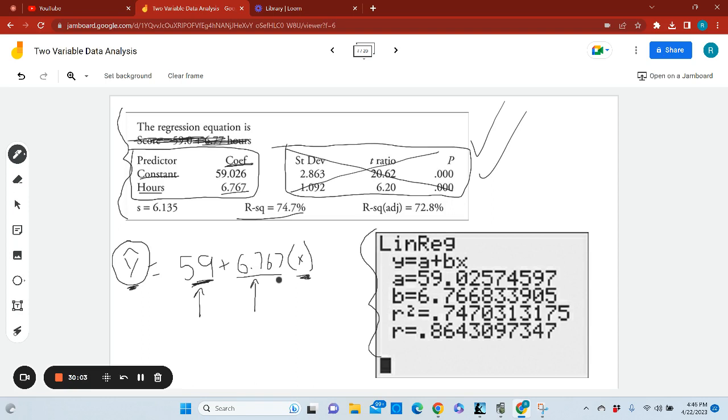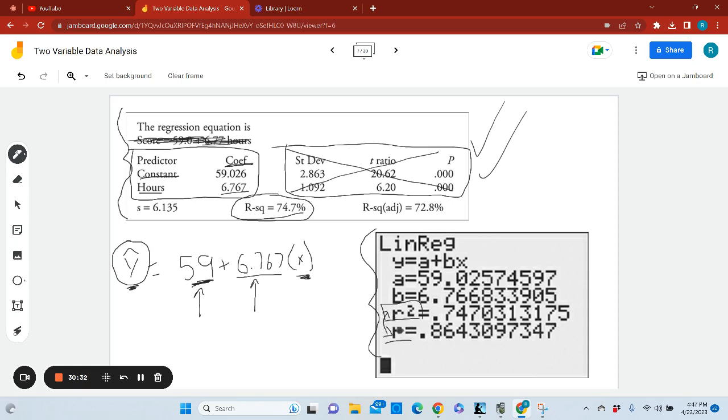Alrighty. Now, the calculator output gives you the values of r squared and r. We're going to talk about how to interpret r squared in a little bit. But just in case you're not given the calculator output, you're given the computer output here, and you're asked to determine what r is based on r squared. R squared and r have a very obvious relationship between each other. It is not a trick question, right?